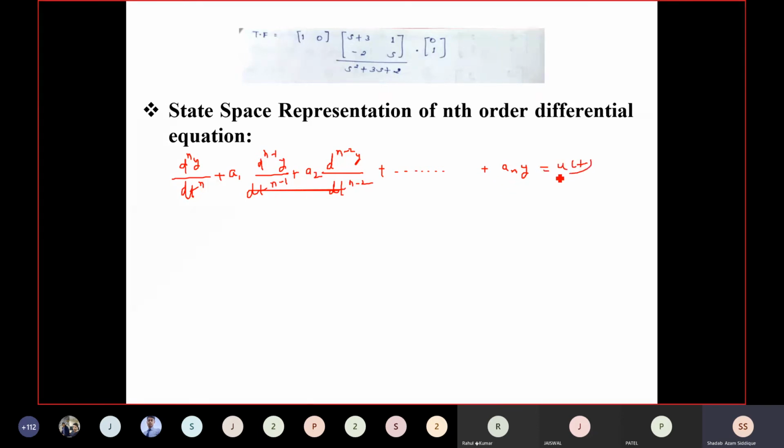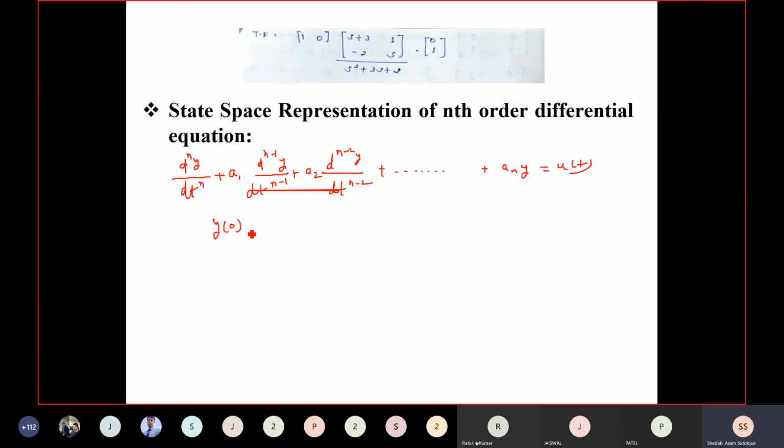I have taken this as an nth order differential equation. If we go through the initial condition, input is basically u of t. So the initial condition can be written as y of 0.